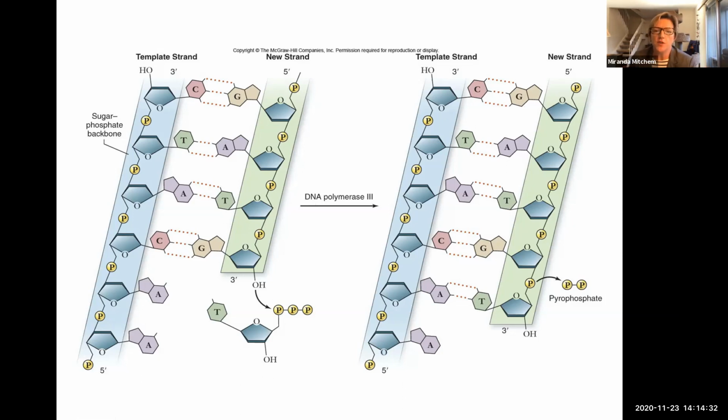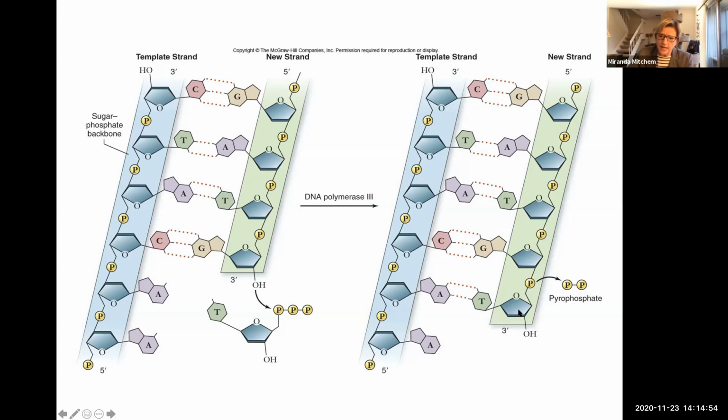And we do have a few different types of them. And if you go on to a molecular biology class, you'll learn about the different types then. For our purposes, we understand that it is the enzyme that adds on the nucleotides to make the new strand of daughter DNA.